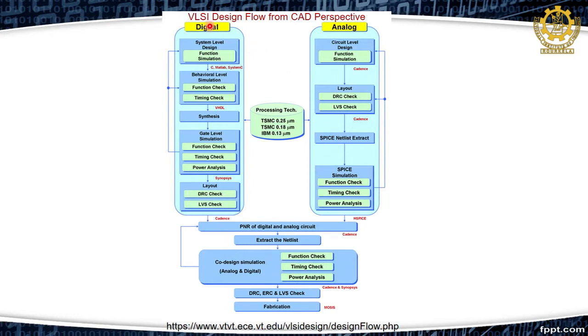For digital design, I will first list out the corresponding keywords. In digital design, you will find system level design, then behavioral level design, then a process called synthesis, then gate level simulation, and then the layout. Layout you can say is the physical aspect of your design.